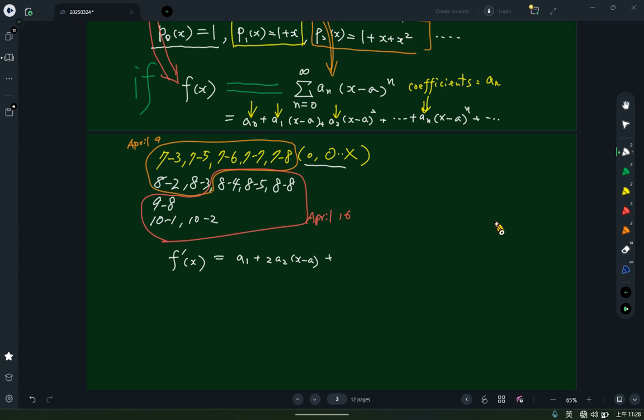Then 3 a3 (x minus a) square, up to n an (x minus a) to the power n minus 1 plus blah blah blah, right?